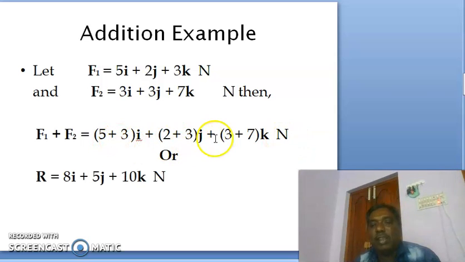Finally R vector is equal to 8i plus 5j plus 10k newtons.